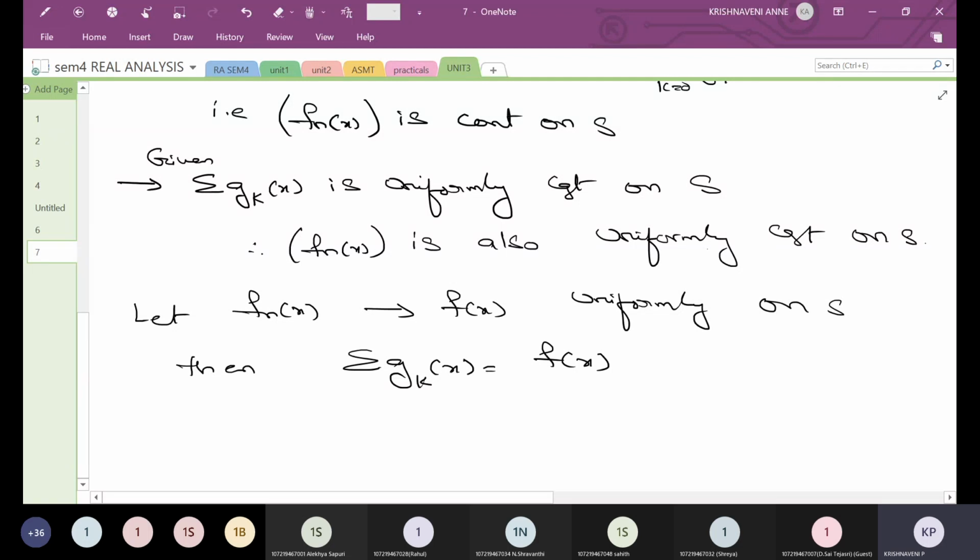But what is that? f of x is continuous on S. Why is it continuous? You can see theorem 1: if Fn of x is continuous at x naught, f of x is also continuous at x naught.